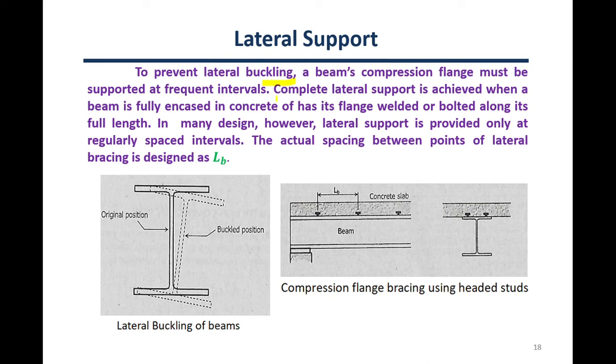Complete lateral support is achieved when a beam is fully encased in concrete or its flange is welded or bolted along its full length. In many designs, however, lateral support is provided only at regularly spaced intervals. So the actual spacing between points of lateral bracing is designated as Lb.